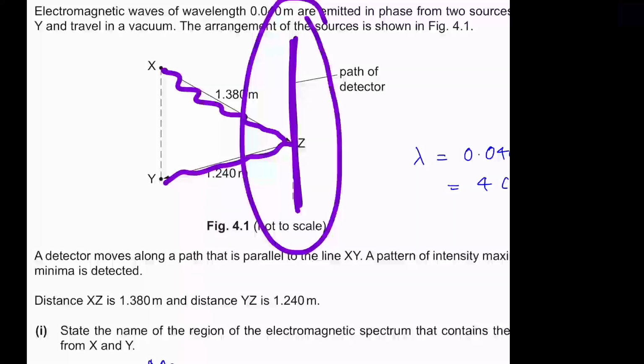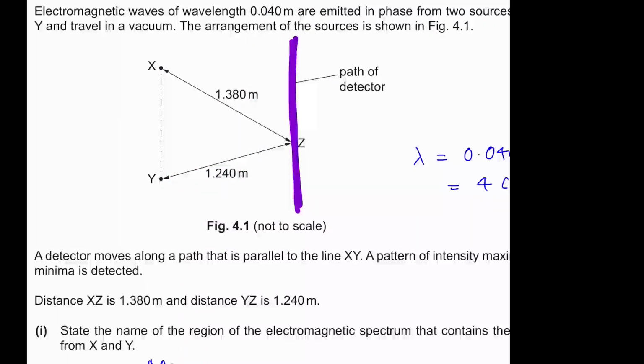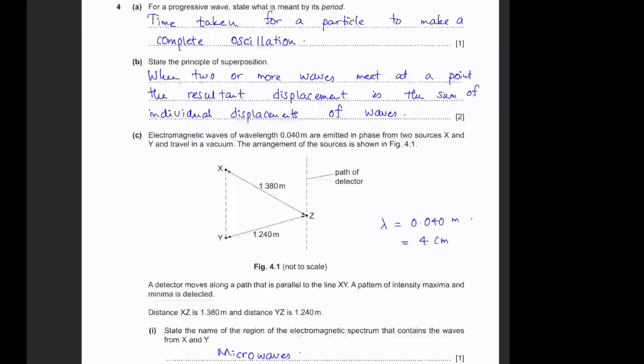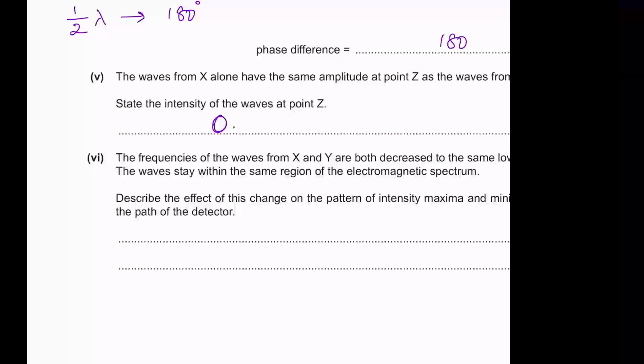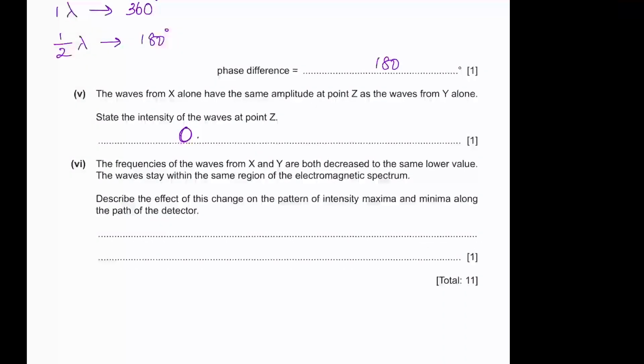The distance between two intensity maxima is given by x equals lambda d over a. Am I right? Now you are reducing the frequencies of the waves.